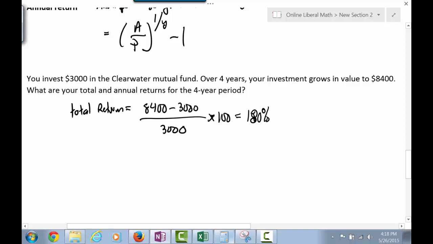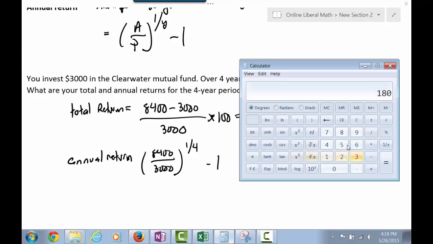Then the annual return is your 8,400 divided by 3,000, raised to 1 over, it's a 4-year period, so 1/4, minus 1. So 8,400 divided by 3,000, then we raise that to the 1/4, so 1 divided by 4, and just watch parentheses on that.